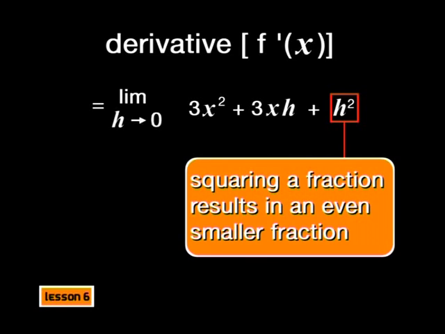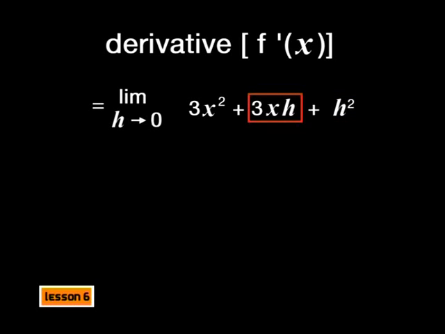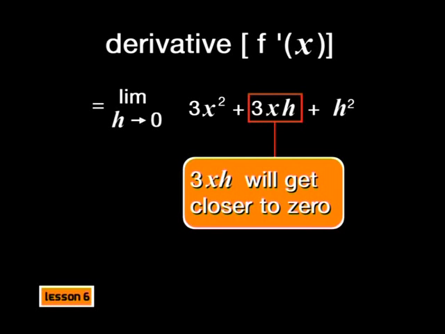So as h gets smaller and smaller, h squared will also get closer and closer to 0. Good job. And what about 3xh? As h gets smaller and smaller, so will 3xh. And so we can say that as h gets closer to 0, so will 3xh. Wonderful.